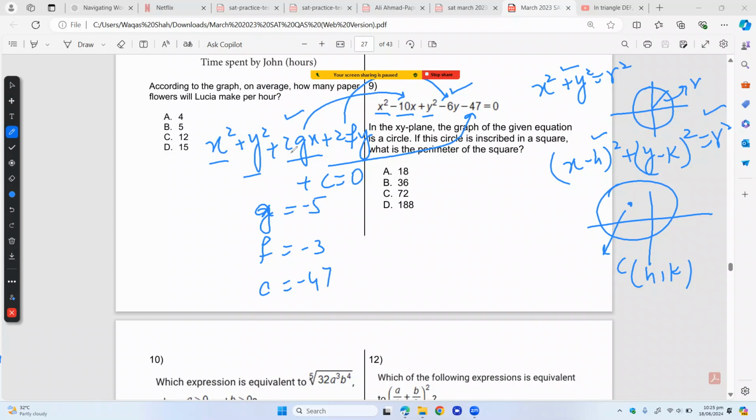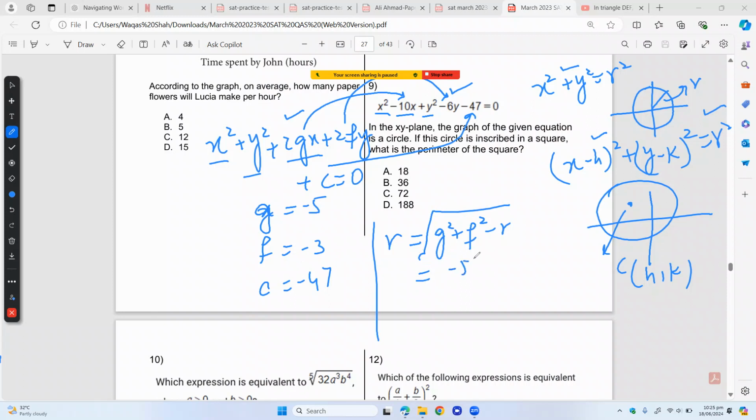Now to find the radius, we can use this formula. r is equal to the square root of g squared plus f squared minus c. So put the value of g, f and c.